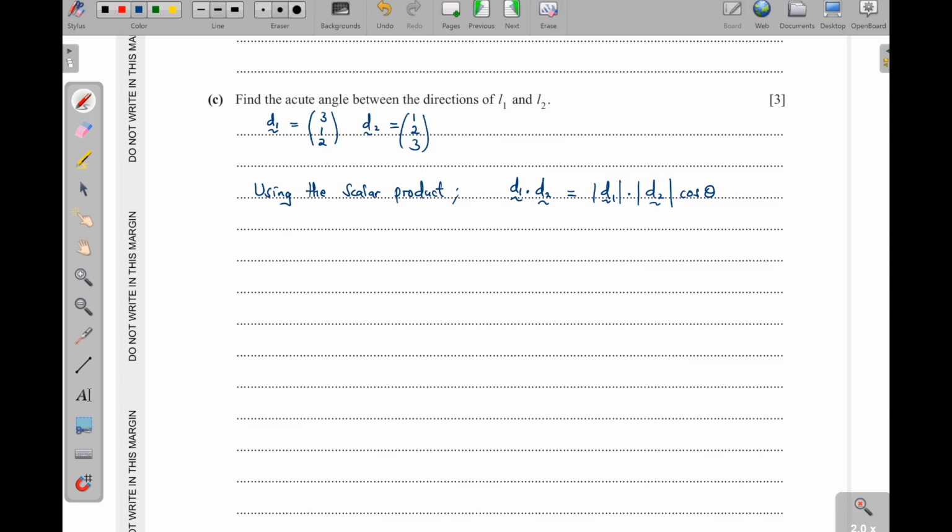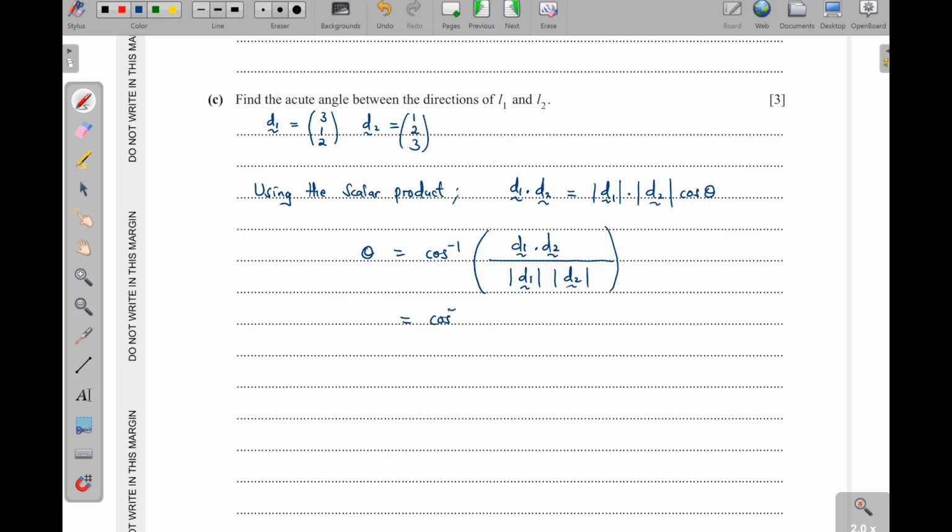But then for us to get the theta, it is going to be the arc cos of D1 dot D2, then we divide by the modulus of D1, then times the modulus of D2, just like that.